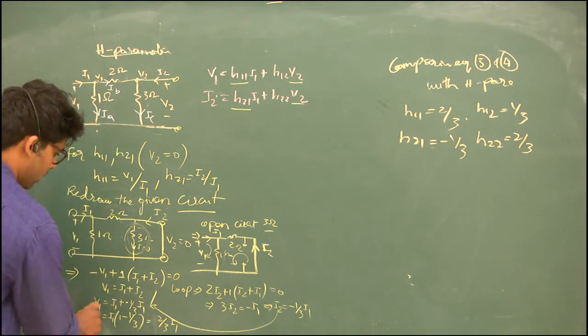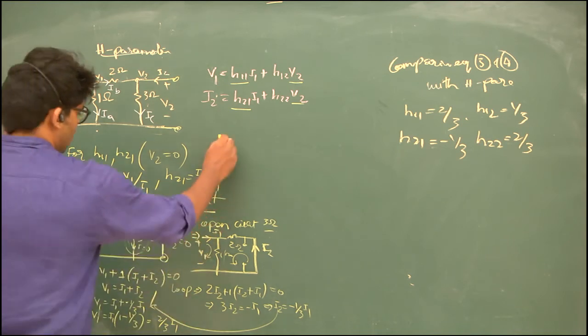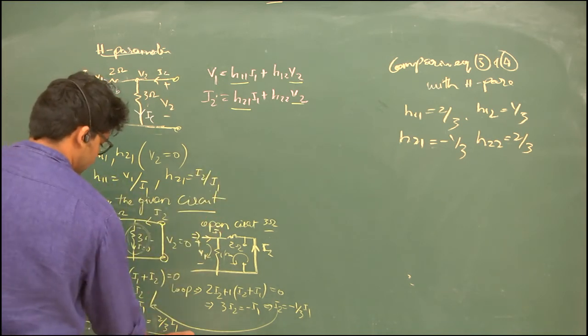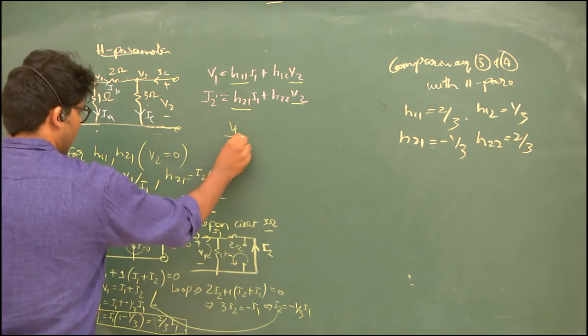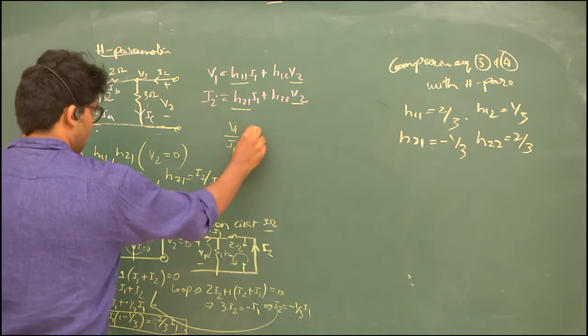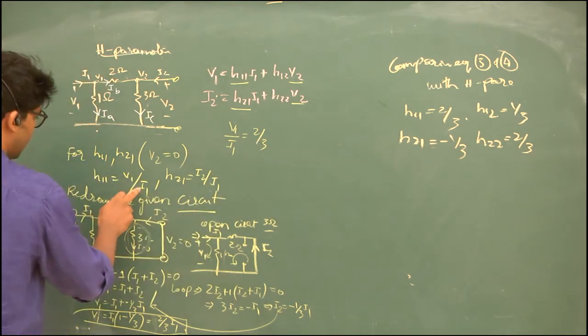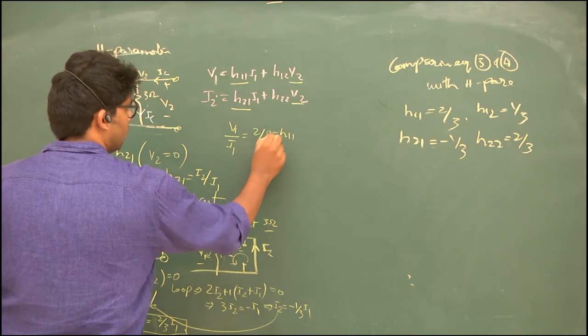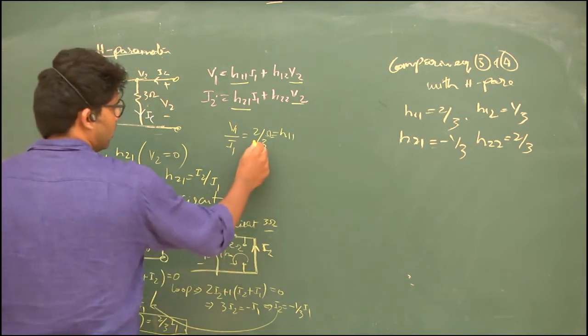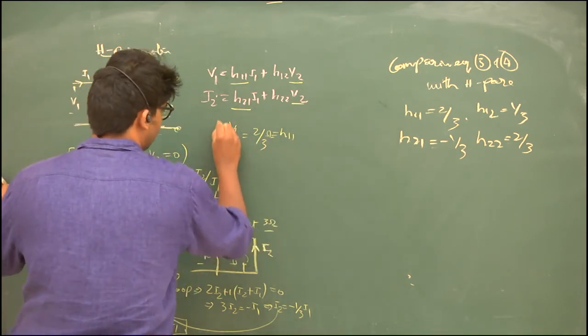Therefore, from this equation we get V1 by I1 equal to 2 by 3. That is V1 by I1 equal to h11, that is in ohms. So h11 you got 2 by 3 in this method.